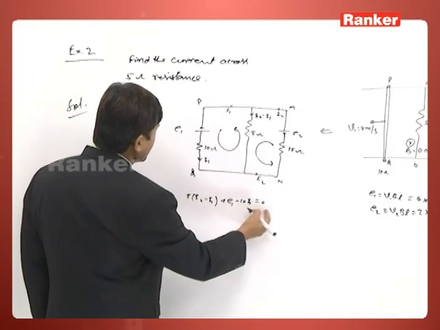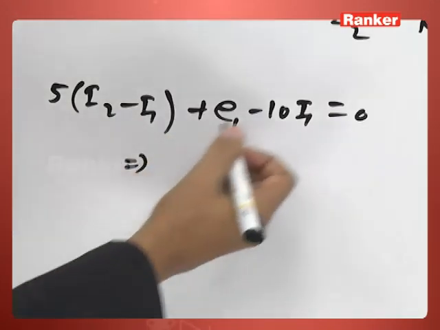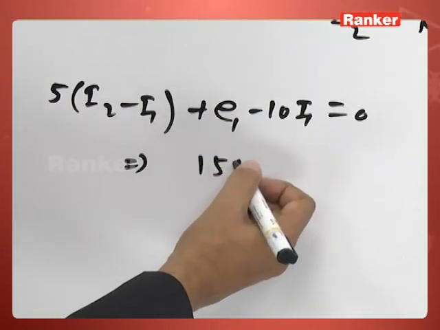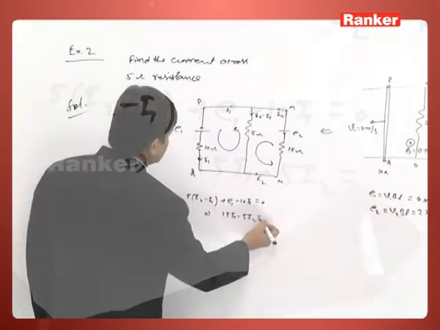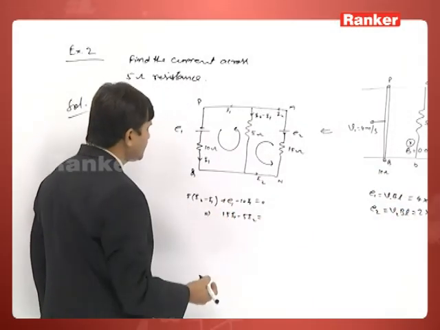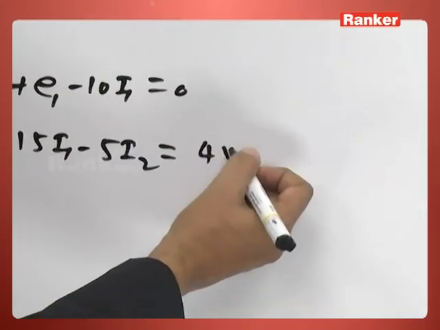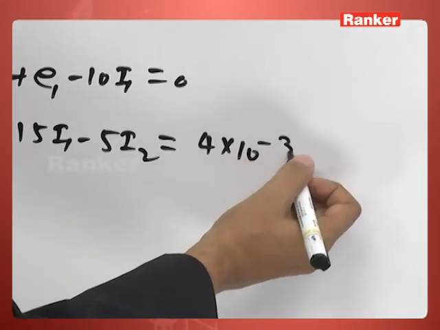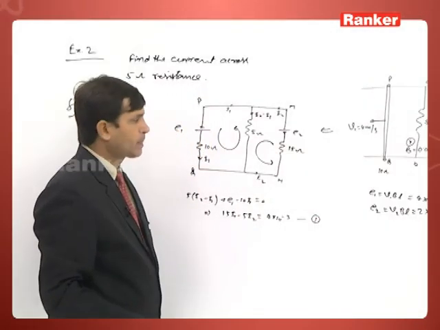So 10 I1 on the right side minus 5 I1. So we can say here 15 I1 minus 5 I2 is E1, and E1 value is 4 millivolt, 4 into 10 to the power minus 3. This is the first equation.